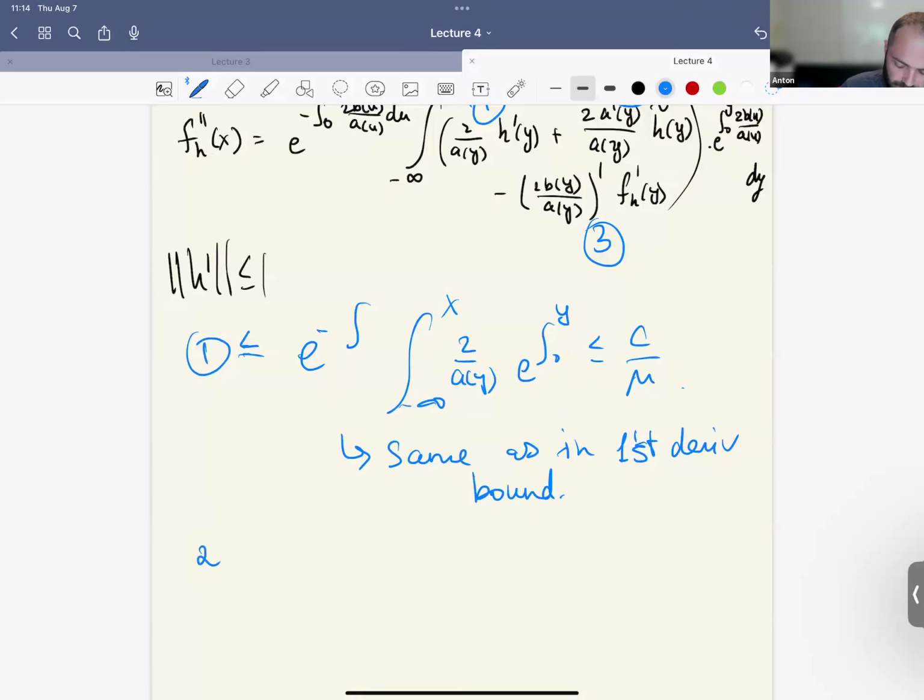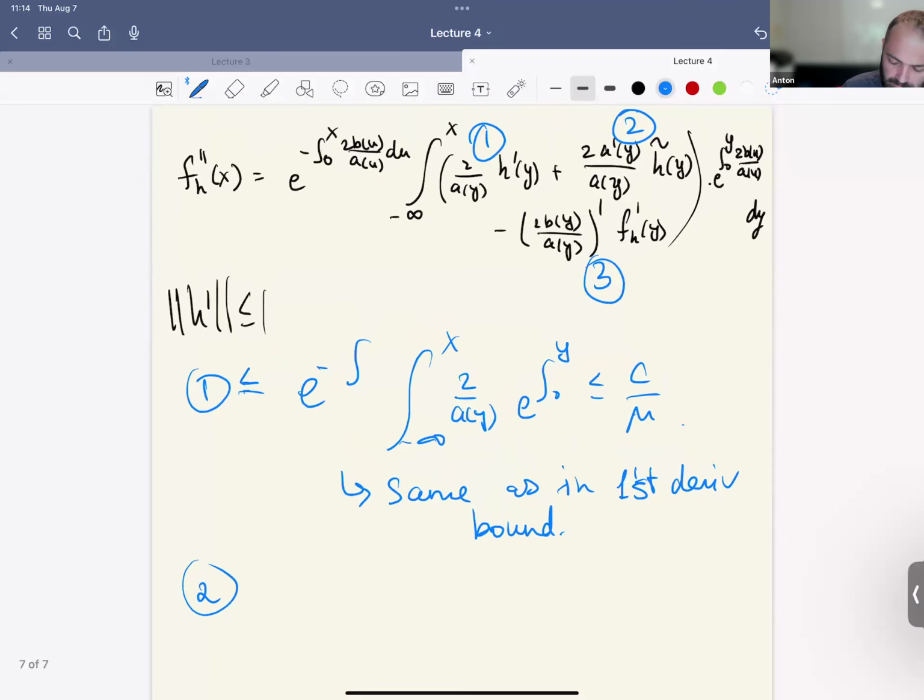Term number 2 involves this a prime, the derivative of the diffusion coefficient. In our special case, a prime equals 0 because it's a constant diffusion coefficient. So there is no term number 2, so to speak. But suppose there was.